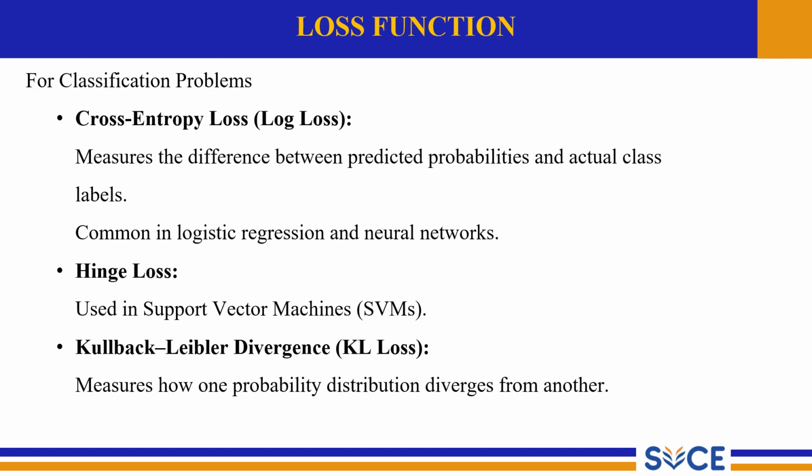It focuses on maximizing the margin between classes and penalizes predictions that are on the wrong side of the decision boundary or too close to it. Then Kullback-Leibler divergence loss measures how one probability distribution diverges from another. It is often used when comparing predicted probability distributions with the true distributions, especially in probabilistic and generative models.